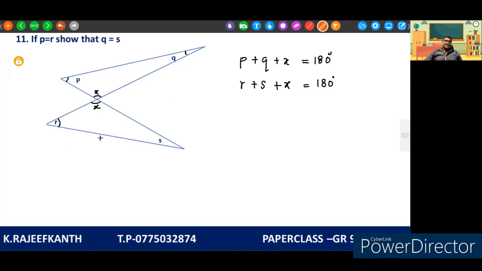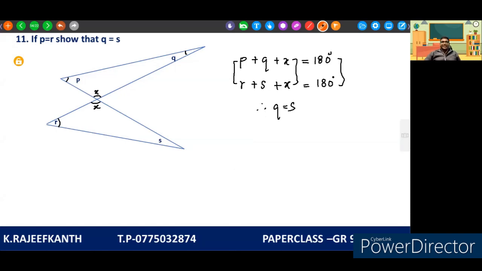Then second, R plus S plus X is equal to 180. But here they have given that P equals R. And also we know that 180 degrees is equal to 180 degrees. Here X is equal to X.